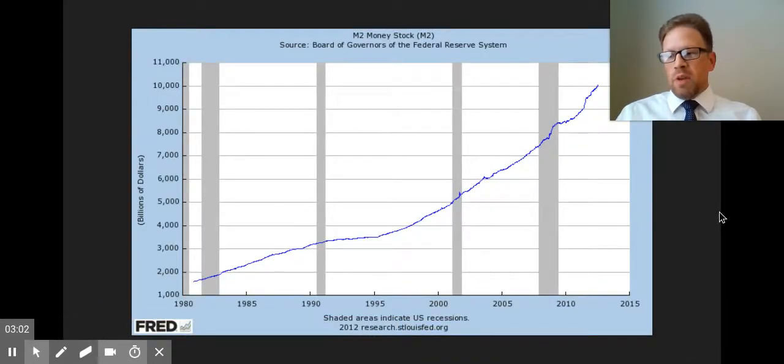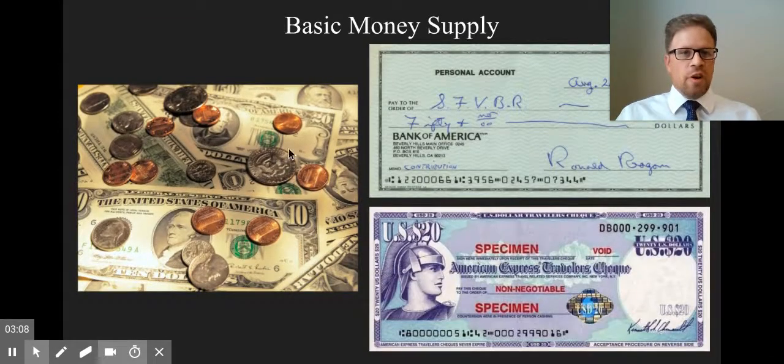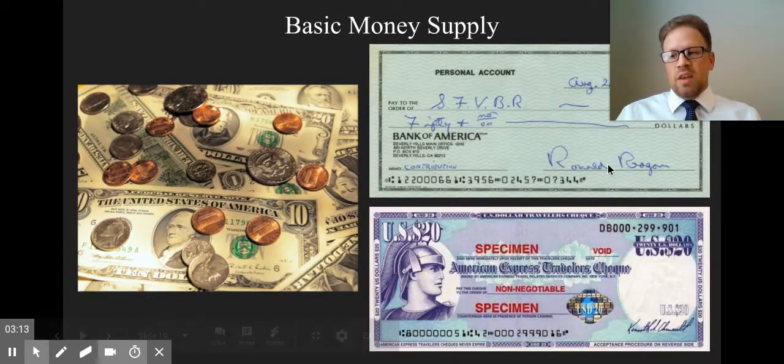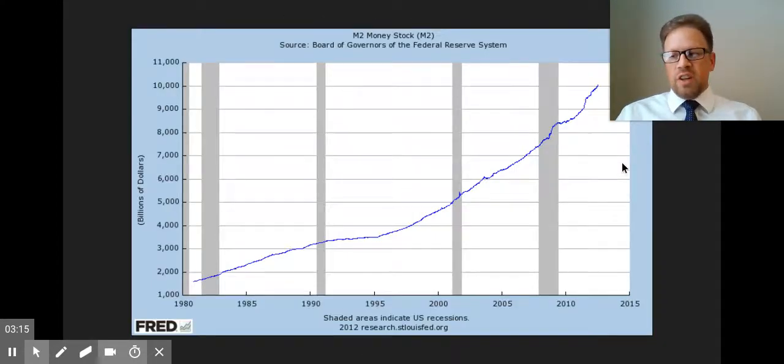A broader money supply measurement is known as M2, which includes M1, meaning all the things we already talked about are also part of M2, but additionally this includes other readily available funds. What's meant by readily available funds is that you can translate these into money very quickly, but they are not things you could actually use to go purchase items with.